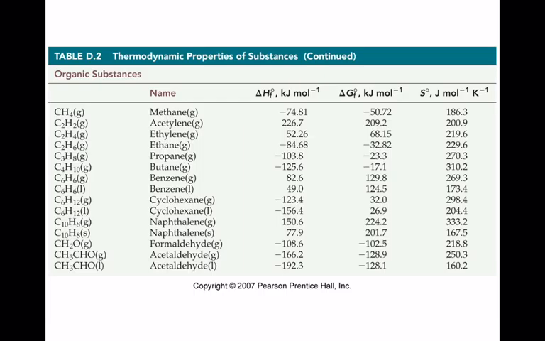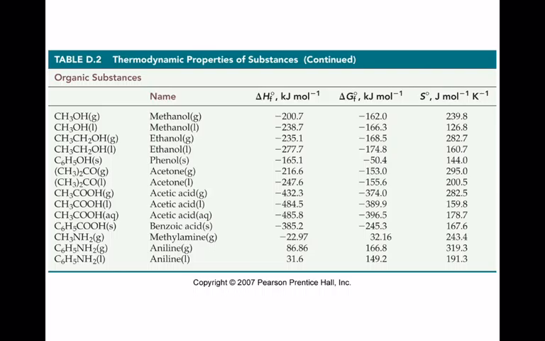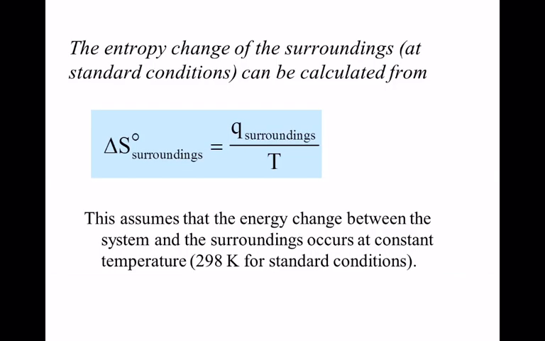Organic means it has carbon and hydrogen, maybe oxygen and some other miscellaneous nonmetals. There are some positive standard molar enthalpies of formation, delta H naught sub f, but all the entropies are positive. We're going to talk about that middle column, which is pretty important: Gibbs free energy of formation.